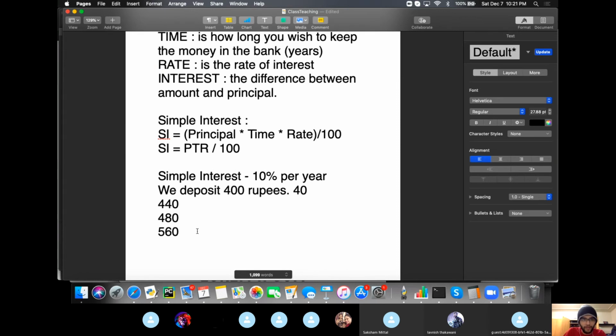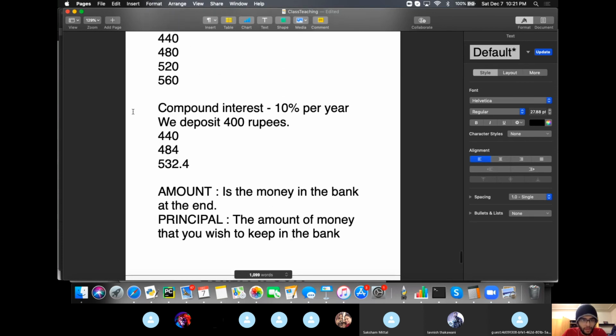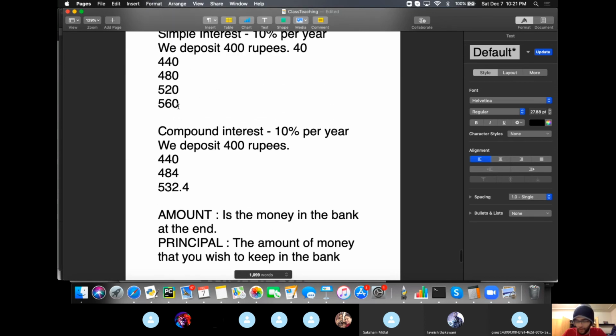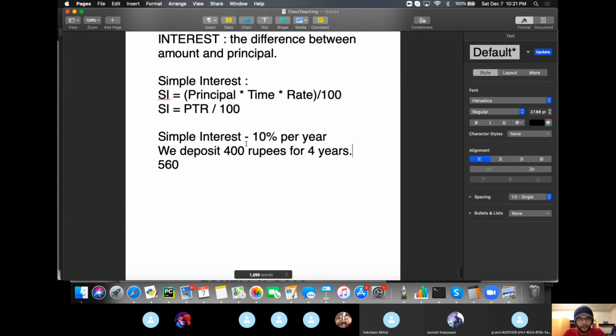We will say that we kept it for 4 years. If you can see here, it was 1 year, 2 years, 3 years, 4 years. So we will check if the simple interest with 10% per year for 4 years for 400 rupees is actually 160 rupees. This is not the interest, this is the amount. So the interest has to be 160 rupees.